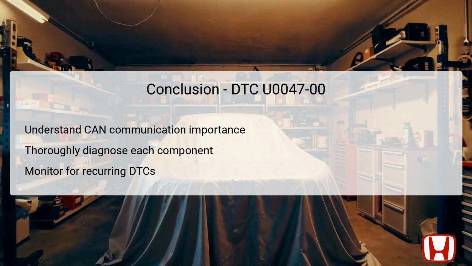Throughout the troubleshooting steps, effective use of HDS tools and clear procedures allow for methodical diagnostics. Finally, ongoing monitoring for any recurrence of DTC U0047-00 is crucial to ensure long-term resolution and reliability within the vehicle's electronic systems, supporting both performance and safety.